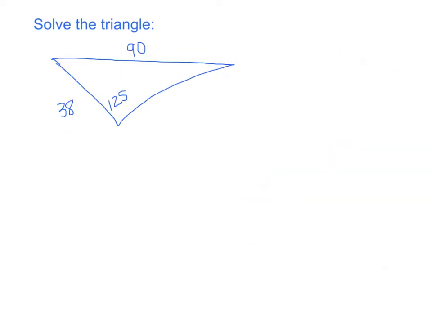Okay, here's an example where we have two sides and an angle. We call this SSA. And when you're doing side-side-angle, we have to be careful because sometimes this can make two triangles.